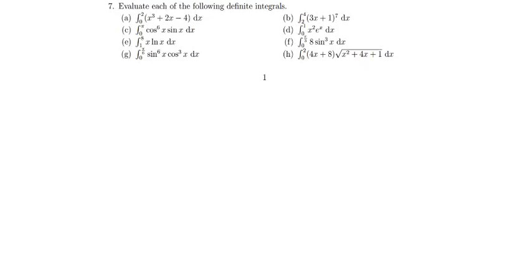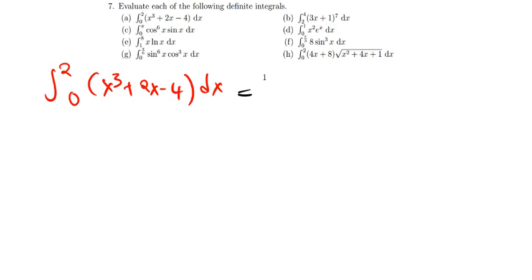Very interesting. A, we need to evaluate the integral of 20x^3 plus 2x minus 4 with respect to x. Okay, so first step is to integrate. So our integral of that is going to be what?